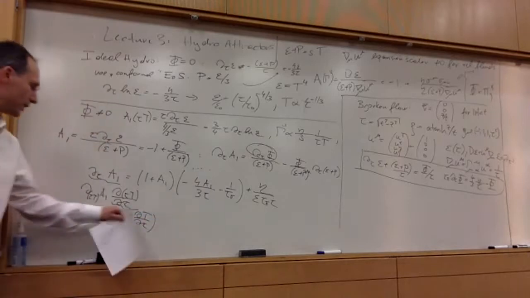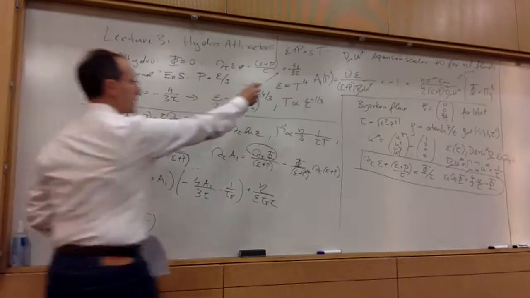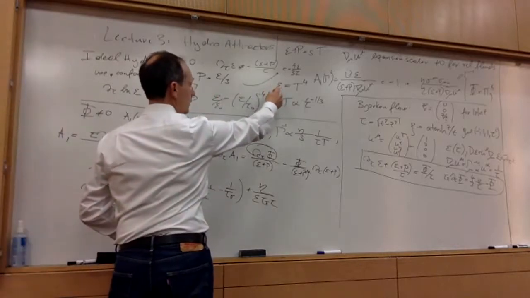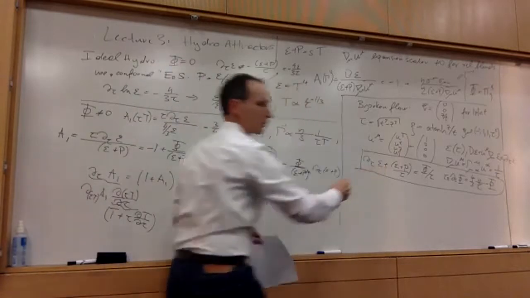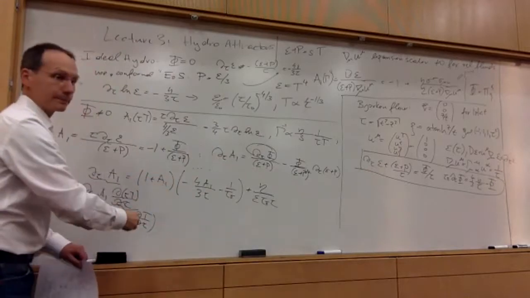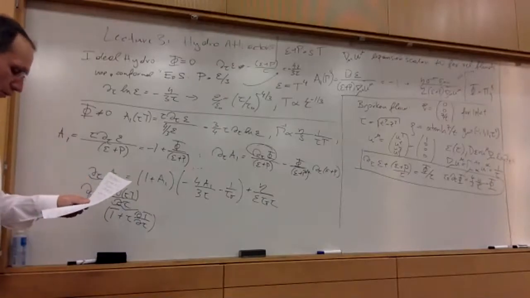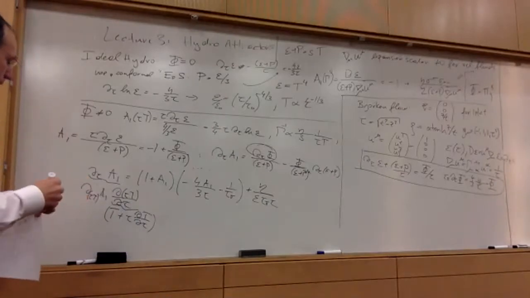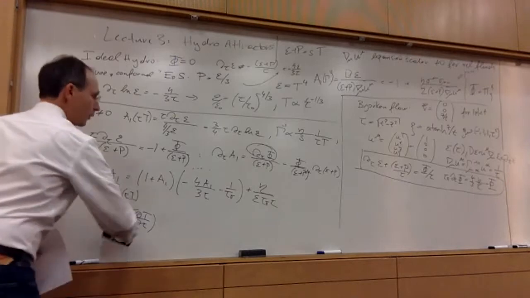And the derivative of t with respect to tau, we can replace by a derivative with respect to epsilon. The derivative of epsilon we can replace by this equation here. So long story short, we get again a combination that just involves A1. So this whole equation becomes the following thing.